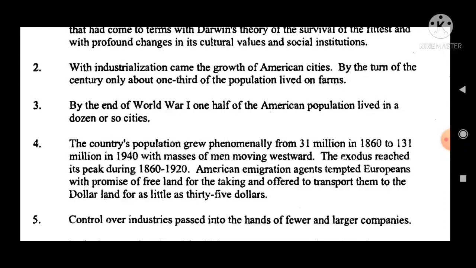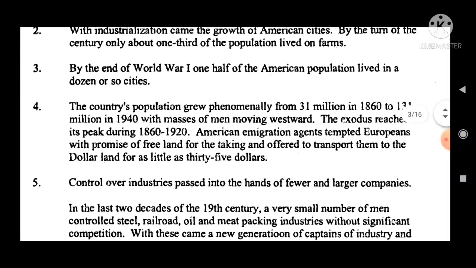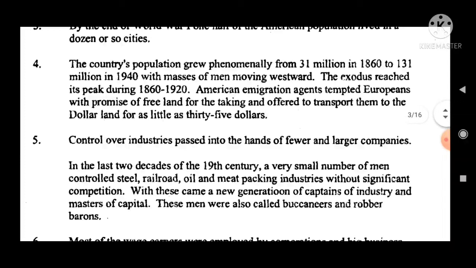With industrialization came the growth of American cities. By the turn of the century, only about one third of the population lived on farms. By the end of World War I, one half of the American population lived in a dozen or so cities. The country's population grew phenomenally from 31 million in 1860 to 131 million in 1940, with masses of men moving westward.